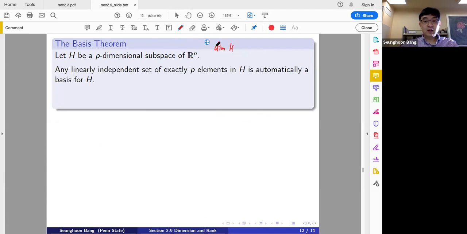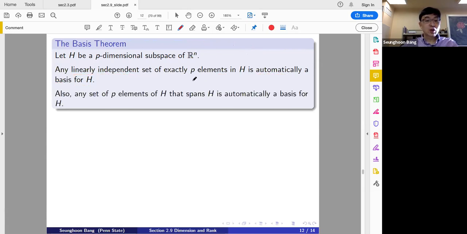Also, any set of p elements in H that spans H is automatically a basis for H. This is always the same.